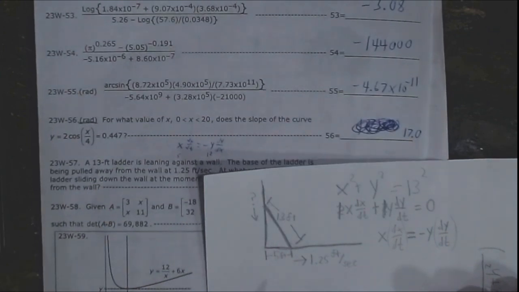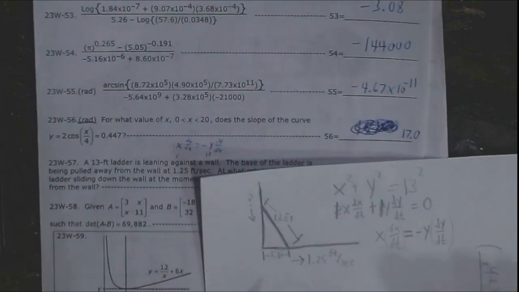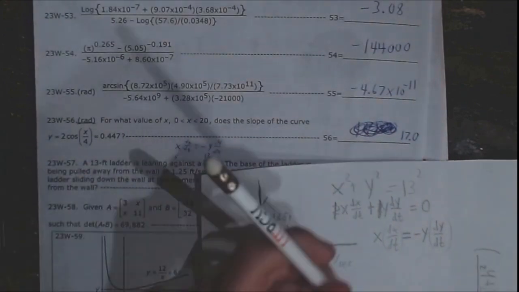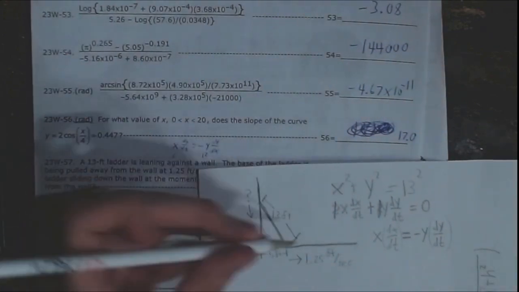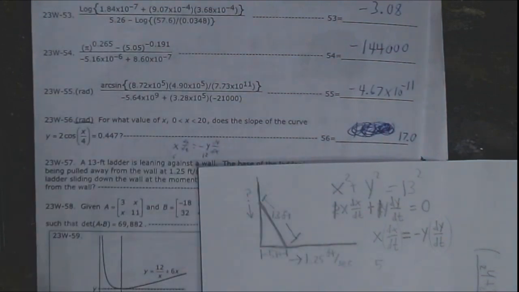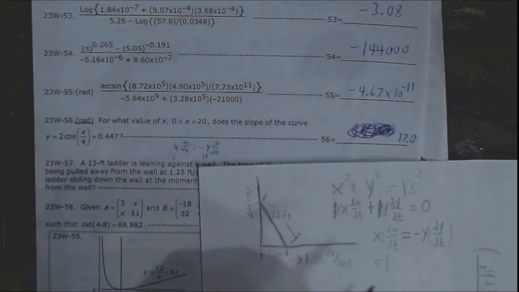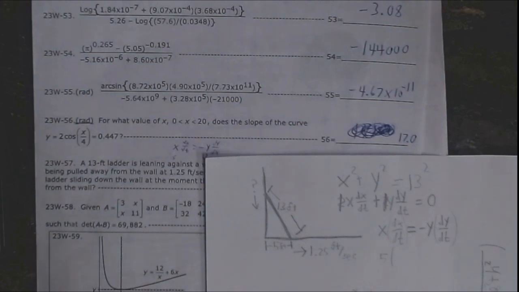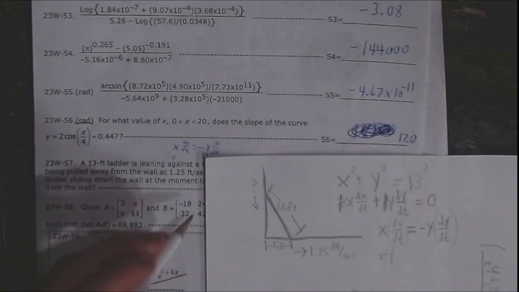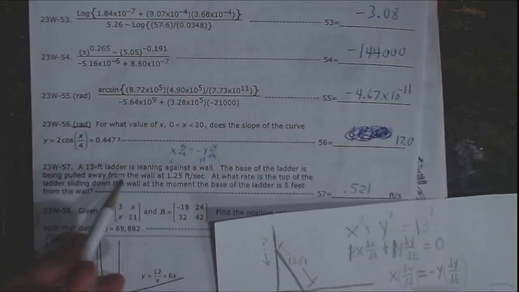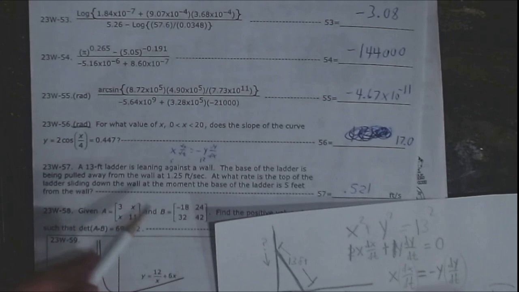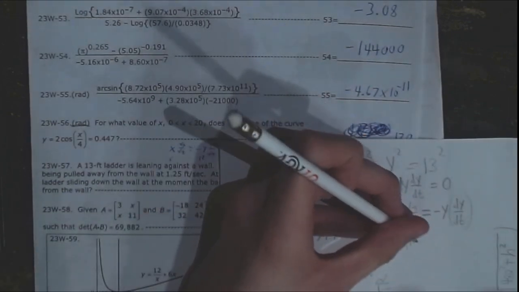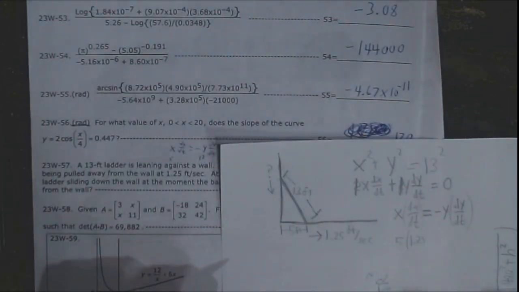And so what I can do here is substitute my value of x, which is 5 feet away from the wall, times dx/dt, which, let's think about what that means in context. That's the change in x with respect to time. It's the rate at which x is changing. And so what would that be? That would be this value, the rate at which the base of the ladder is being pulled away from the wall, which was 1.25 feet per second.